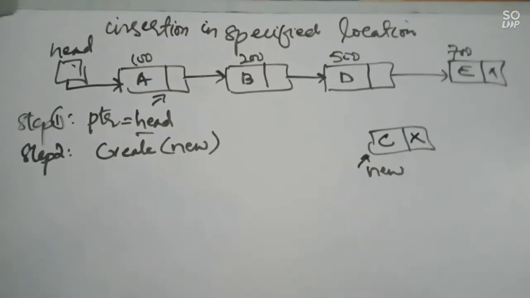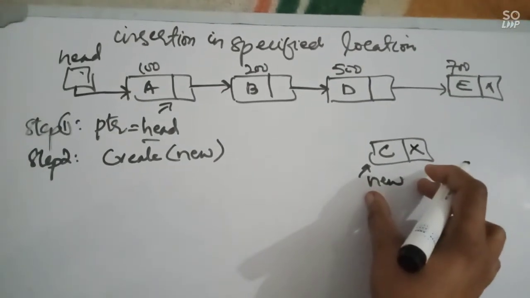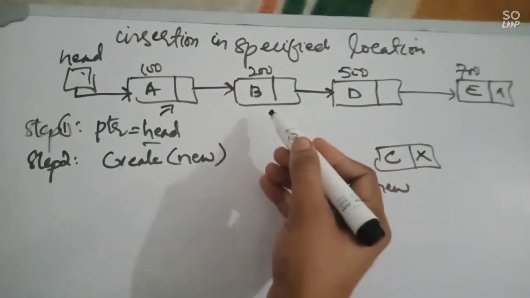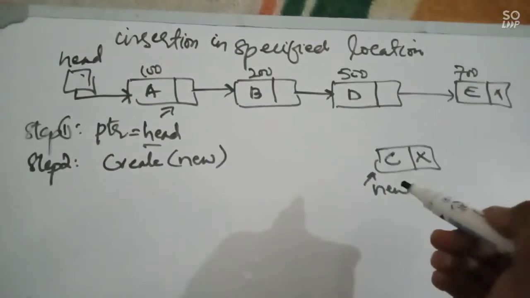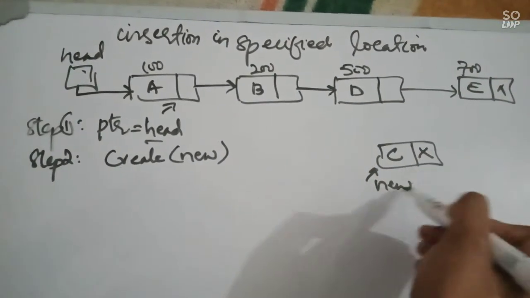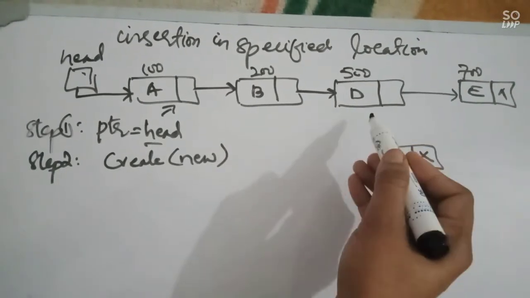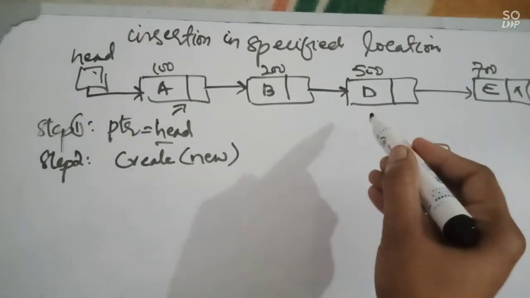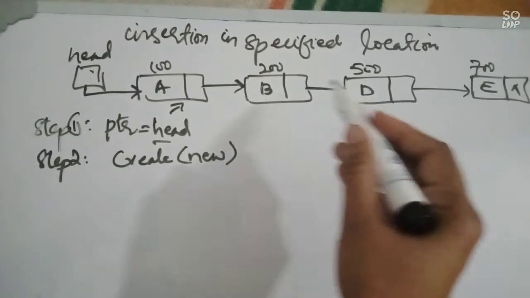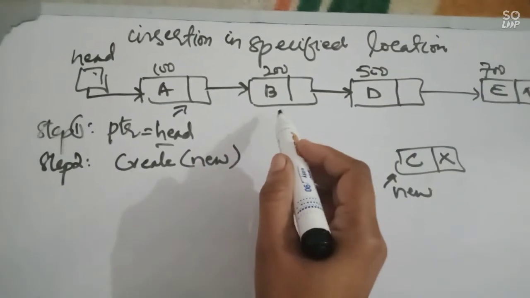Okay, now we are asked to insert this node in the middle of B and D. So the required position for the insertion of this node is in between B and D. So we have to move our pointer to node B and node D, right?